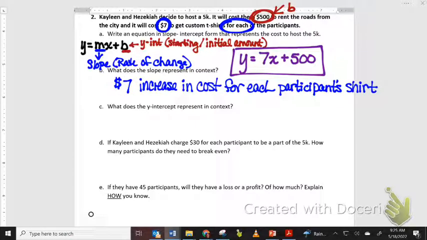What does the y-intercept represent then? The $500 upfront cost. They only have to pay this one time to rent the roads.